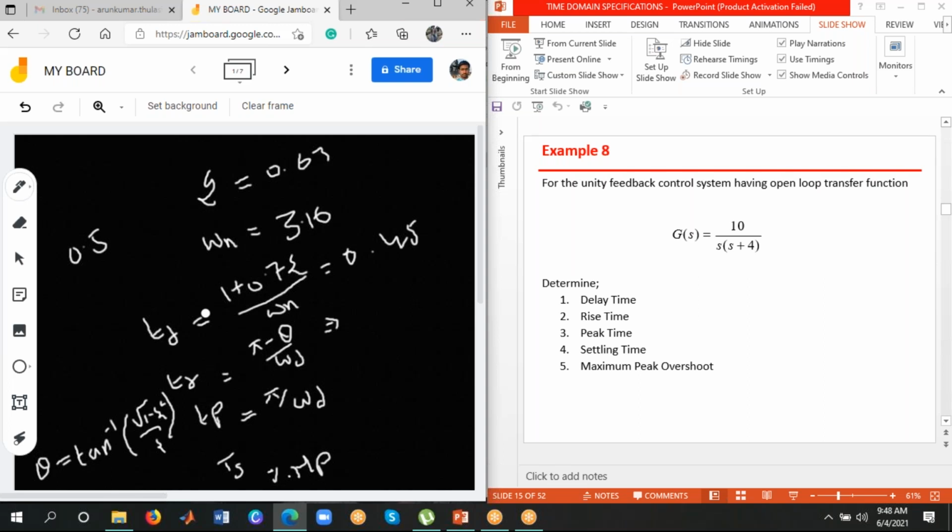What is the rise time value? What is the value of TR, rise time?